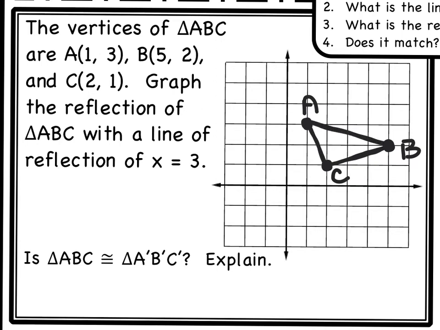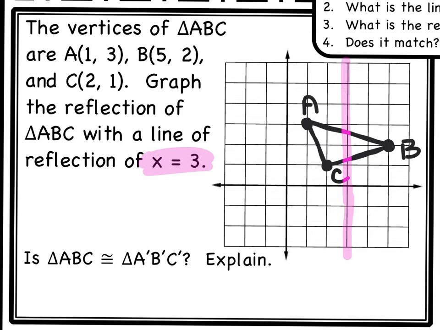Now, I am asked to reflect over x = +3. Now, x = +3 is a line that crosses the x-axis at +3. So I'm going to find +3 on the x-axis, and that is going to end up being a vertical line straight through x = +3.